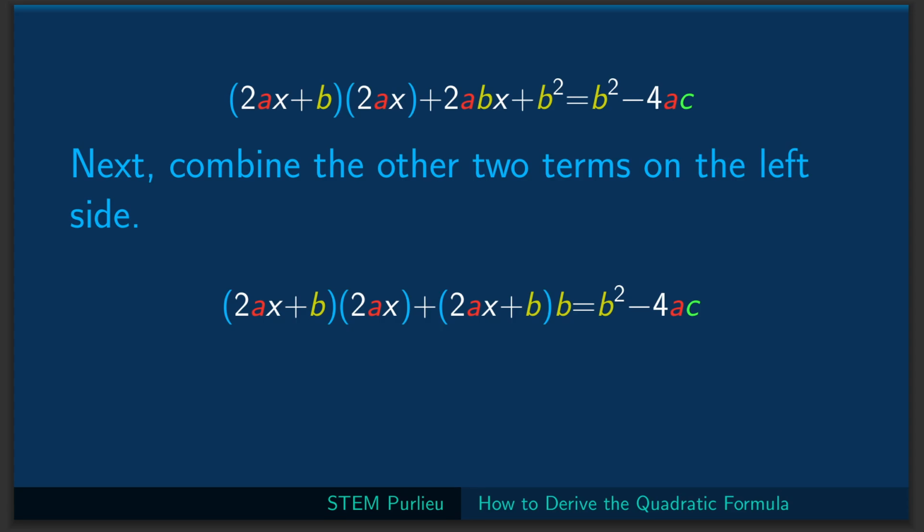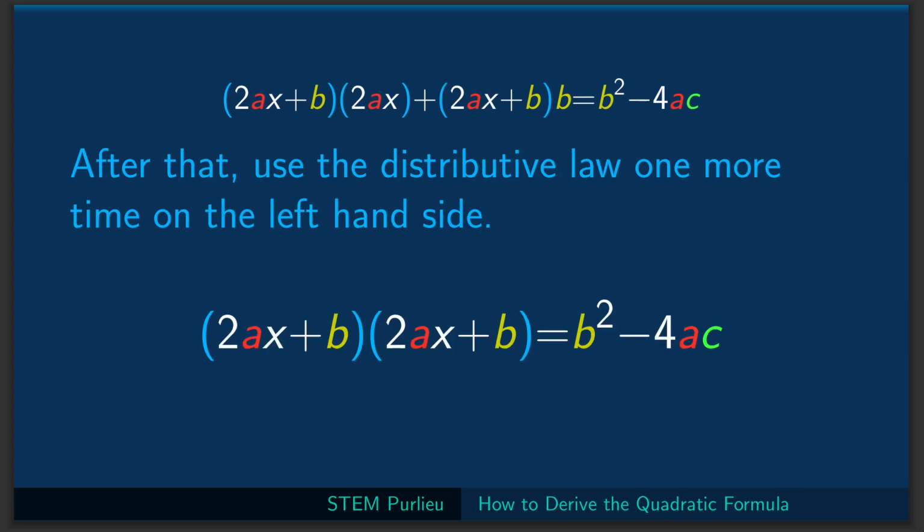We will combine the other two terms on the left side to get 2ax plus b times b on the left side. Then we take both of these products and apply the distributive law one more time. This gives us 2ax plus b times 2ax plus b equals b squared minus 4ac.